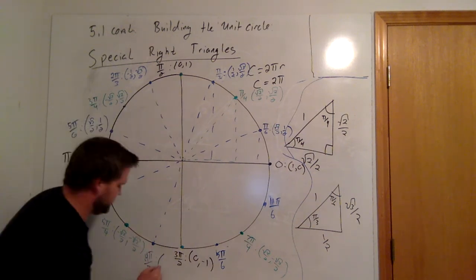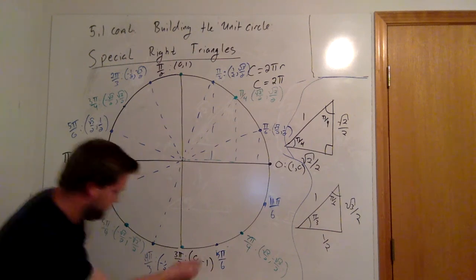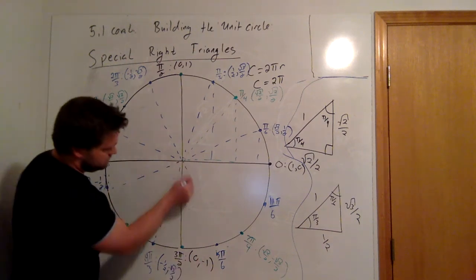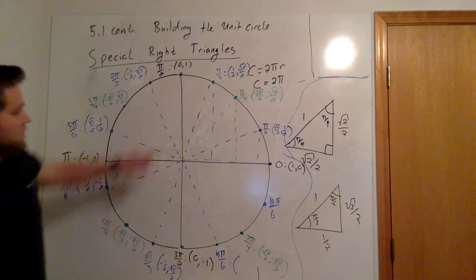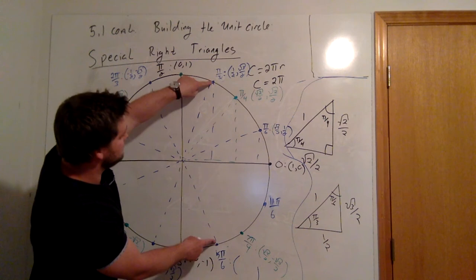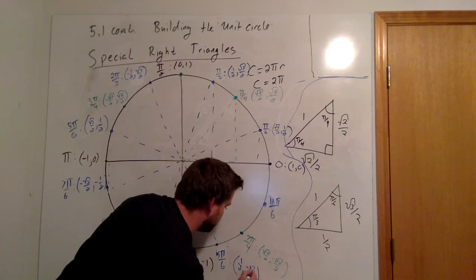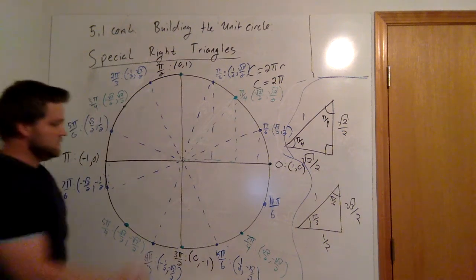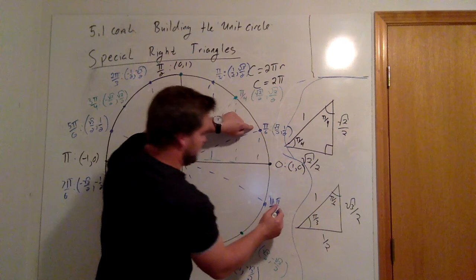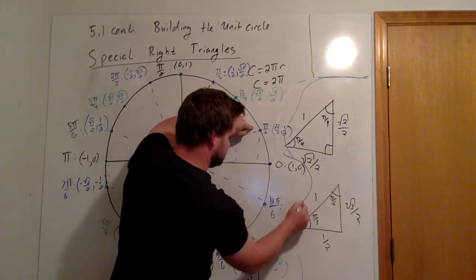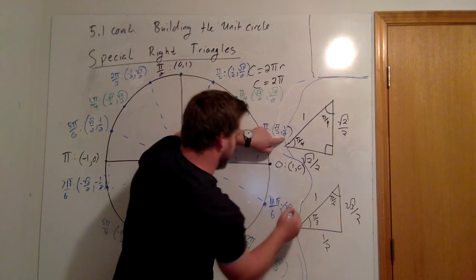The x coordinate will be negative 1/2, and the y coordinate will be negative √3/2. Similarly over here, using symmetry from this point, it'll have the same x coordinate of 1/2, but its y coordinate will be negative √3/2. And using symmetry from this one, its x coordinate will be the same, so it'll have a √3/2, and the y coordinate will be negative.